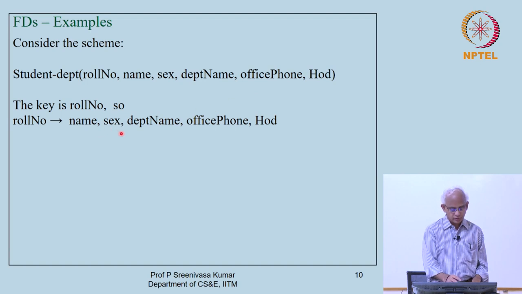Notice one more thing here, that we could actually write roll number determines department name as a separate FD, and it will still be valid. Instead of writing roll number determines name, roll number determines department name, etc., we now have one FD which says roll number determines all the other attributes.